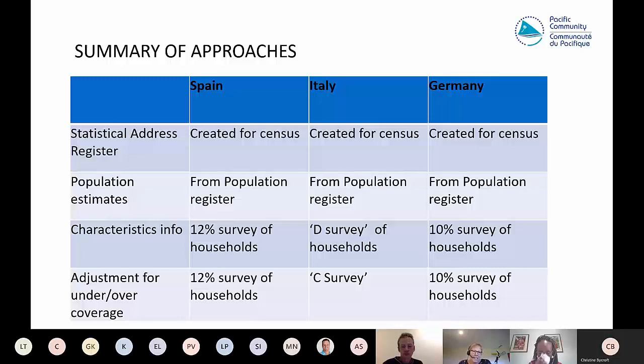And I've just put an example up there following the earthquakes in New Zealand. We'd never had much joy getting access to mobile phone data from telecommunications companies, but that crisis situation encouraged them to share that, and that's possibly an opportunity that Pacific countries might have during COVID-19 as well, that extra demand for information and government support to get that can help.